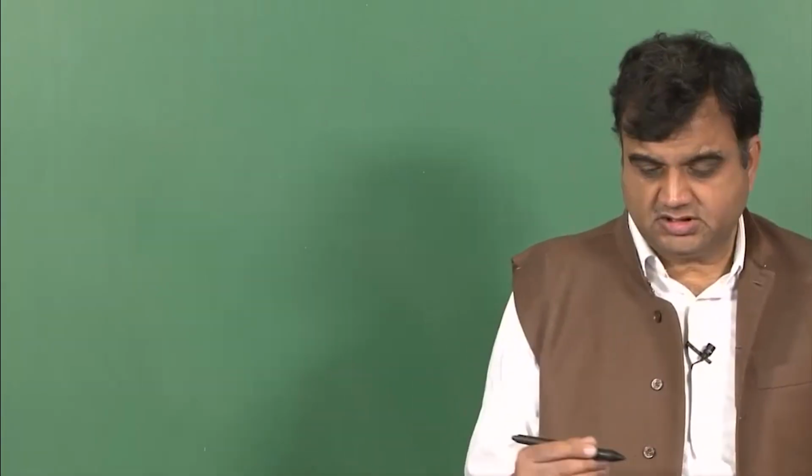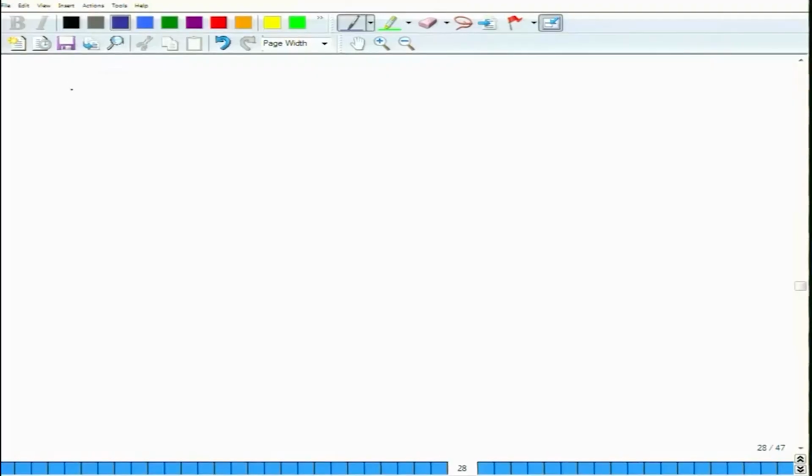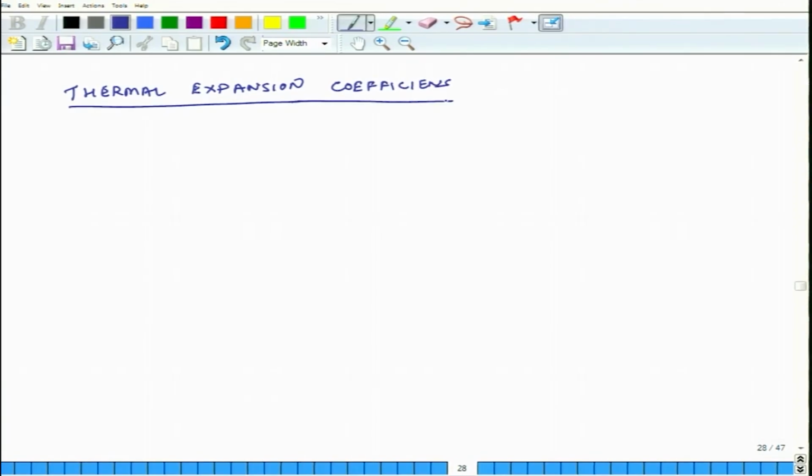So, let us start with thermal expansion coefficient. And the way we are going to do this is we will not derive results for each of these properties, rather we will directly share the results which you can use.